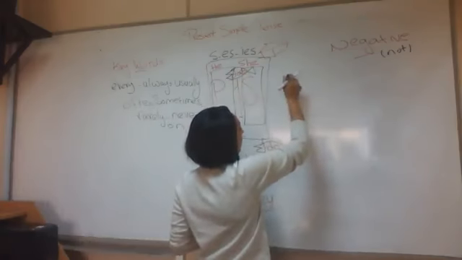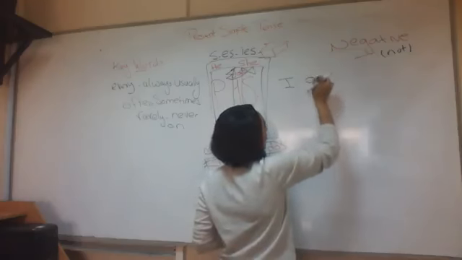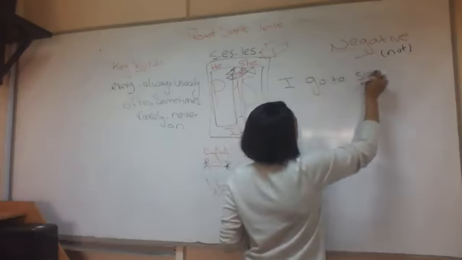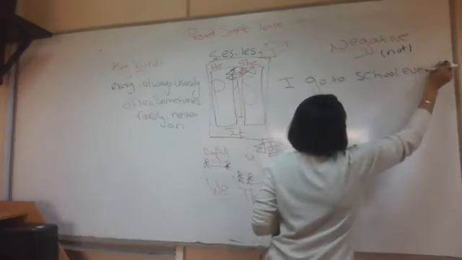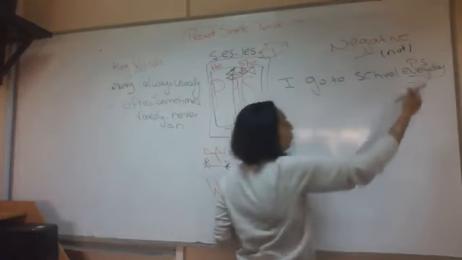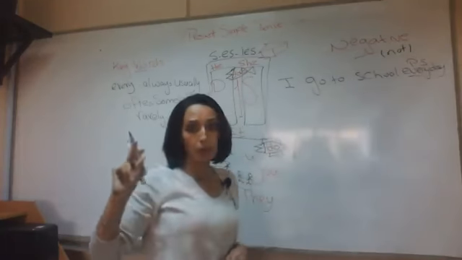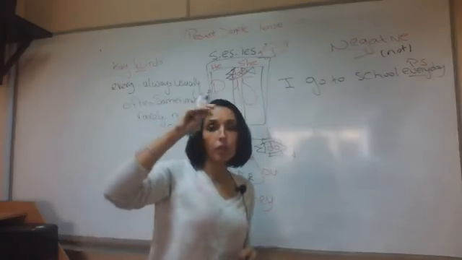So let's see this. I go to school every day. So this is my keyword and I want to make it negative. So I remember negative means not, and with the present simple, the do fish.